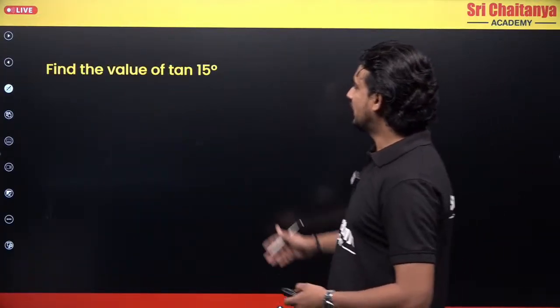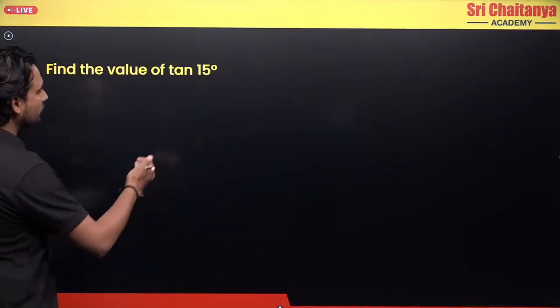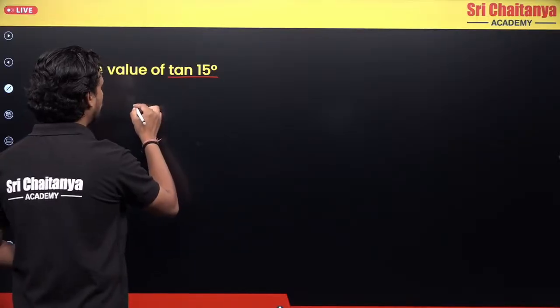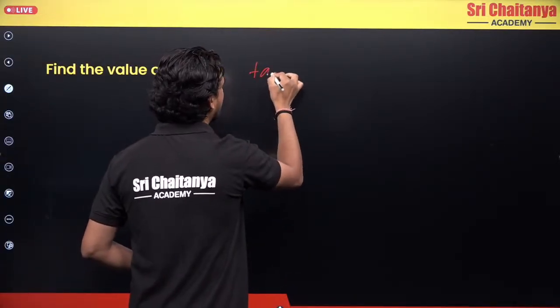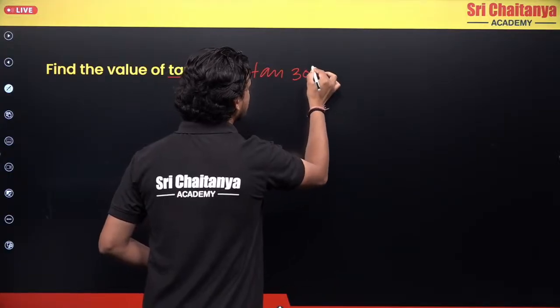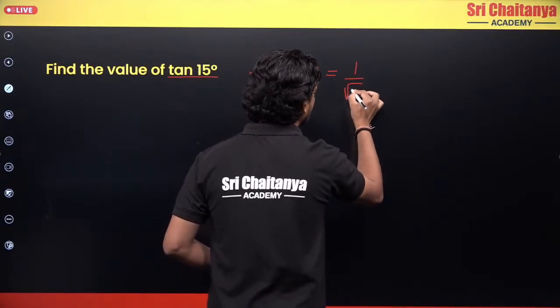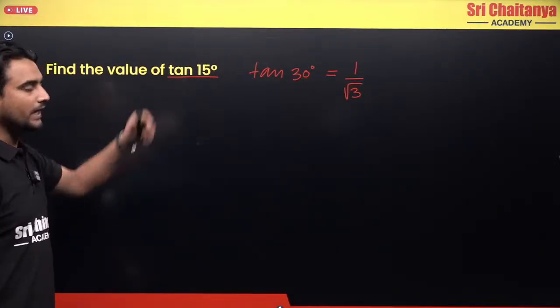Next, let's say I want to find the value of tan 15. So how to find the value of tan 15? Let's understand. I know the value of tan 30, and the value of tan 30 is 1 by root 3. So I will use the double angle formula to find the value of tan 15.